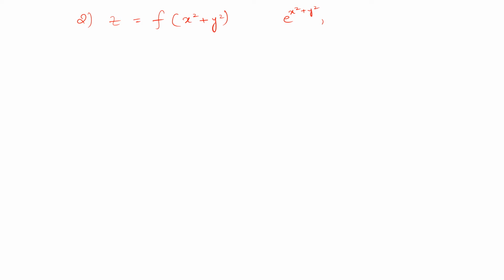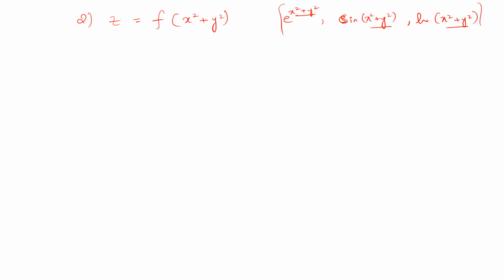It may be like sine of x squared plus y squared. It may be like ln of x squared plus y squared. So it may be any function of x squared plus y squared, but we don't know what that actually is.